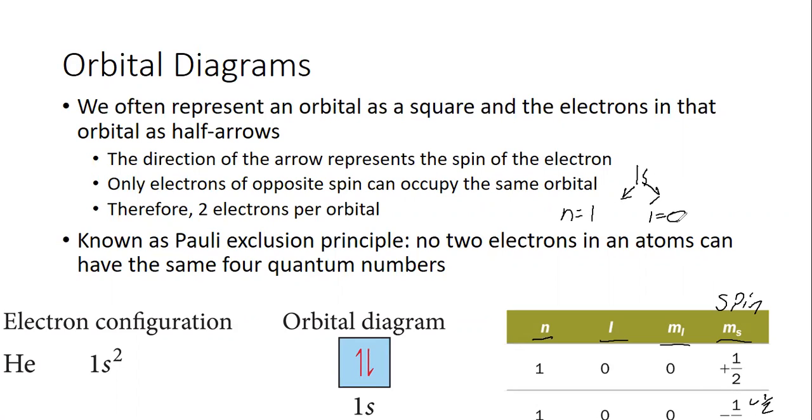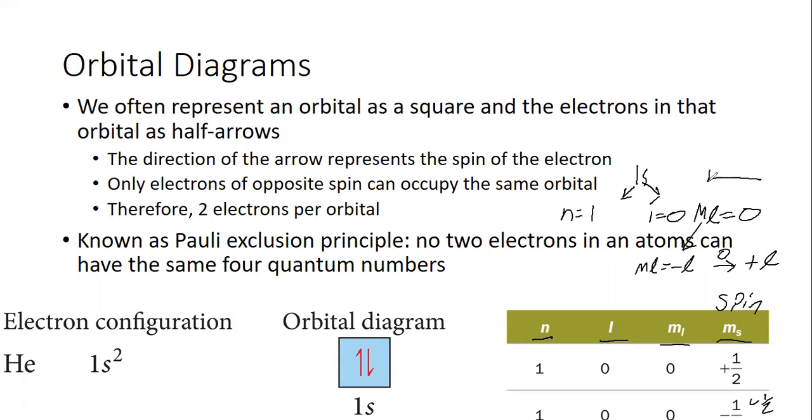That's what 1s means. If l equals 0, m sub l can only equal one value. That's 0 as well. Remember, just as a reminder, m sub l, that quantum number goes from minus l all the way to positive l, counting 0. Well, if l is 0, you only have one value, 0.